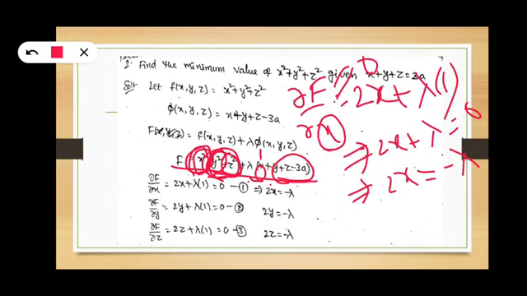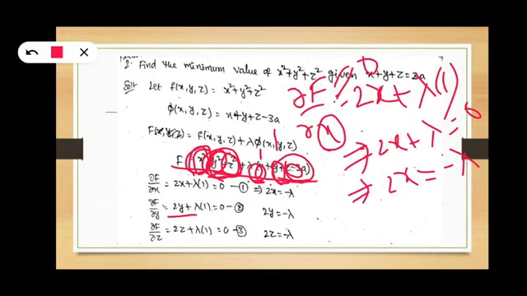Y square differentiation is 2y, plus lambda into y, whose differentiation is 1, so lambda into 1, and we take this equal to 0. Then we get 2y plus lambda is equal to 0, so 2y is equal to minus lambda.